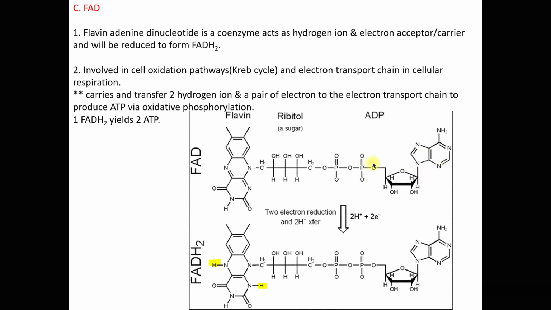So FAD is a coenzyme that acts as a hydrogen ion and electron acceptor or electron carrier, very similar to NAD plus. And when this FAD receives two hydrogen ions or two protons with a pair of electrons, this FAD will be reduced to FADH2.